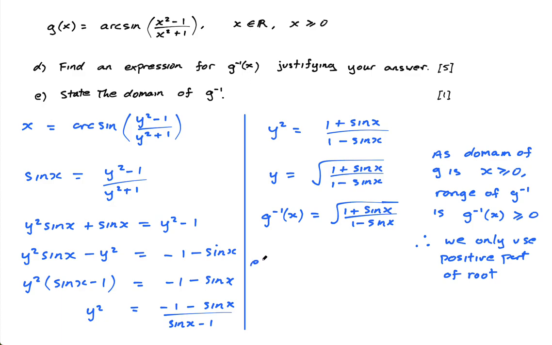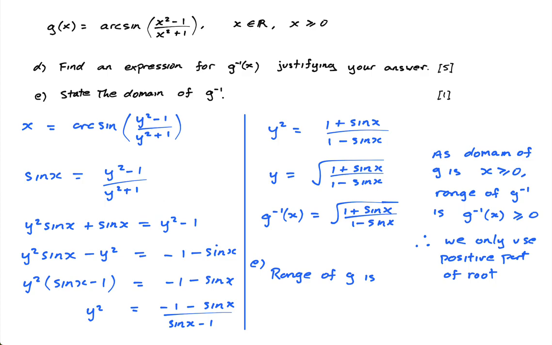Often in these questions when they mix inverse functions with domain and range, the nicest way to do it is to note that the domain of the inverse function is equal to the range of the original function. So let's do that first, the range of g.